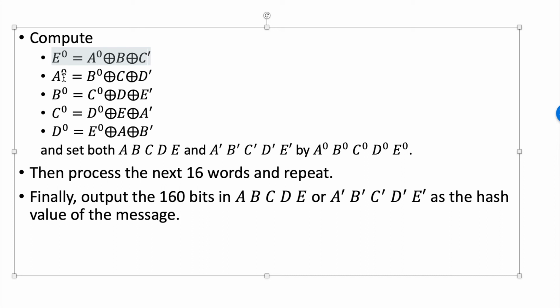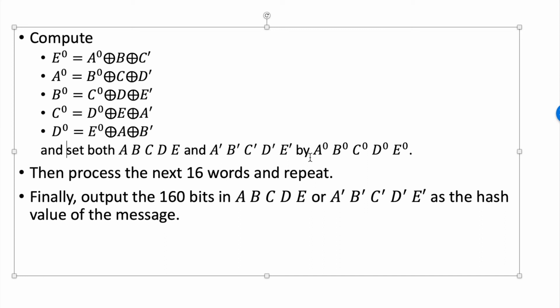And we also calculate A0, B0, C0, and D0 accordingly. To be noted here, we need to calculate E0 before A0 because we need to use the initial value in A rather than this result here. Then we will set both sets of buffers to the values A0 to E0 we just computed.